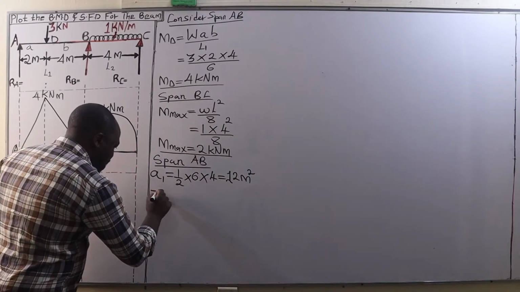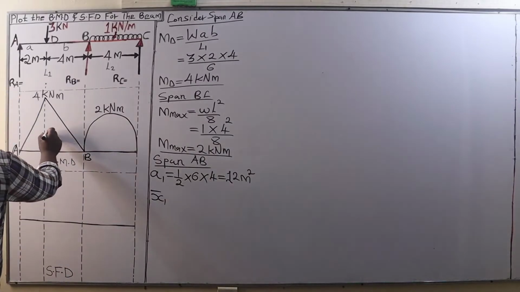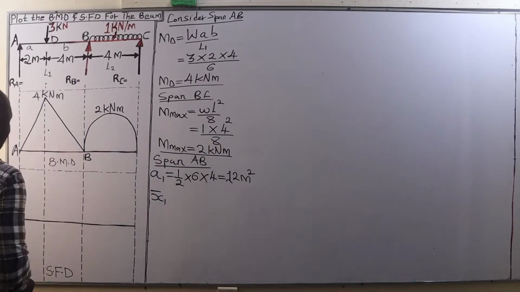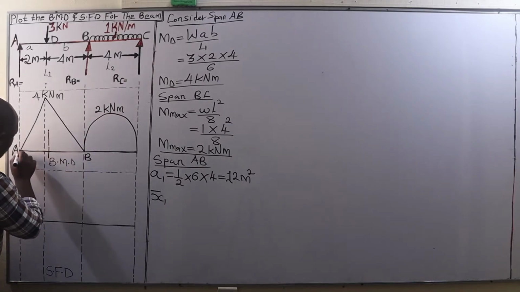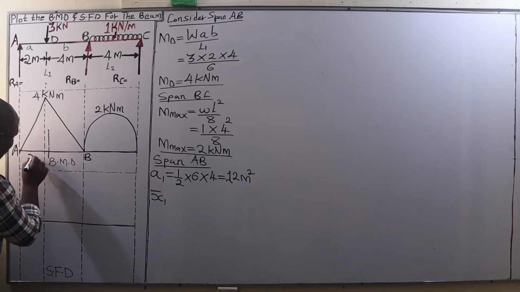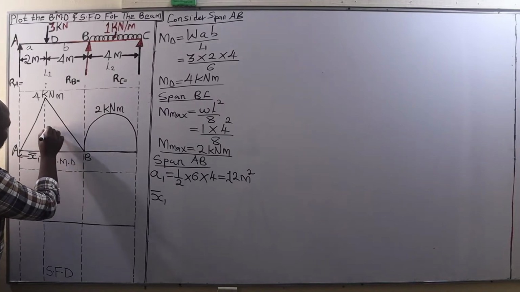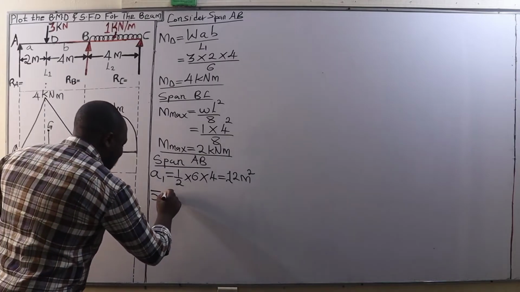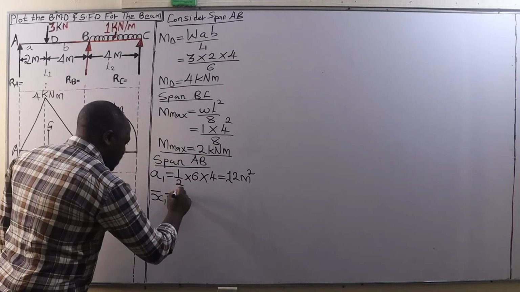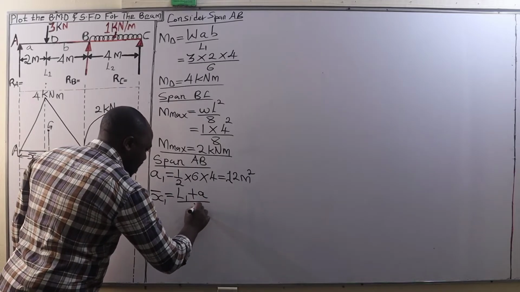Then we need bar x1. Bar x1 is the distance from the center of gravity of this triangle to point A, or to the end A. Therefore, this is bar x1, the distance from the center of gravity of this triangle all the way to the end A. That distance will be given by this formula: L1 plus A, divided by 3.